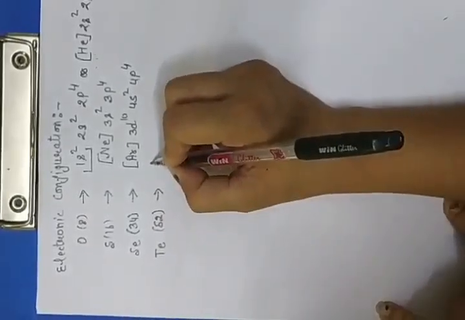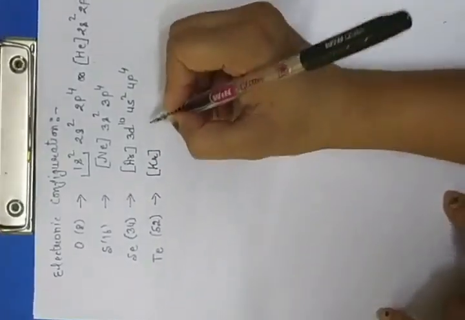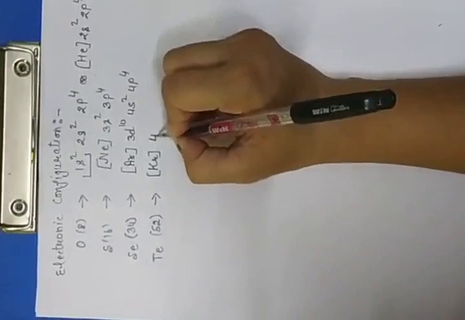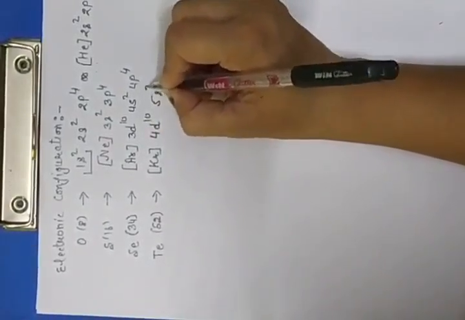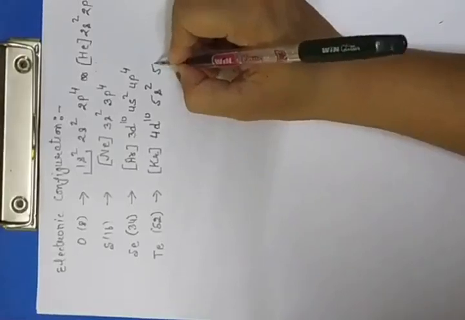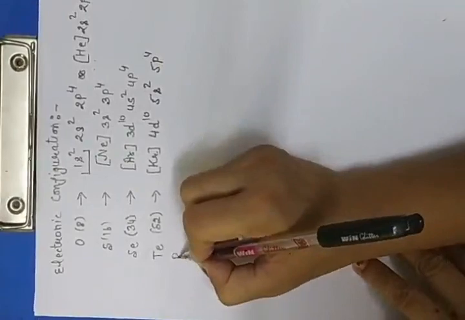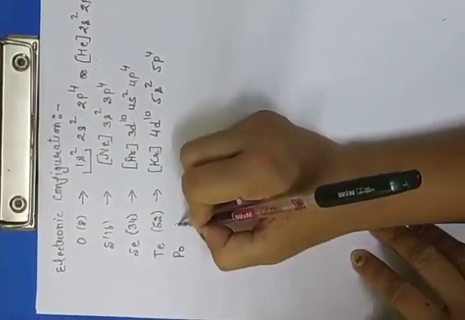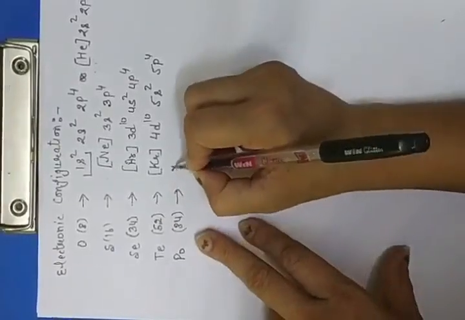Now next one is tellurium with atomic number 52. The noble gas is krypton, and then 4d10, 5s2, 5p4. Okay, and the last one is polonium with atomic number 84, xenon.